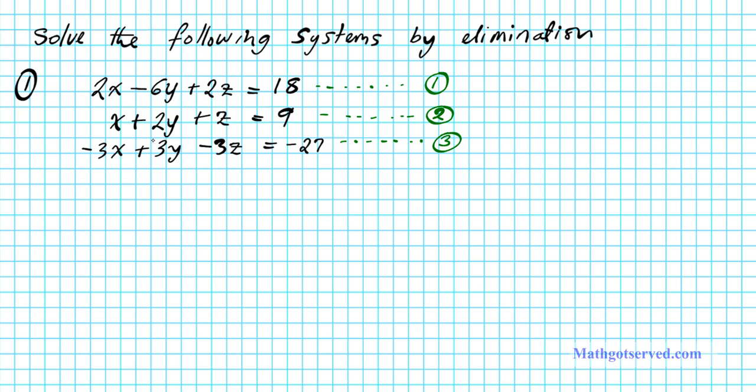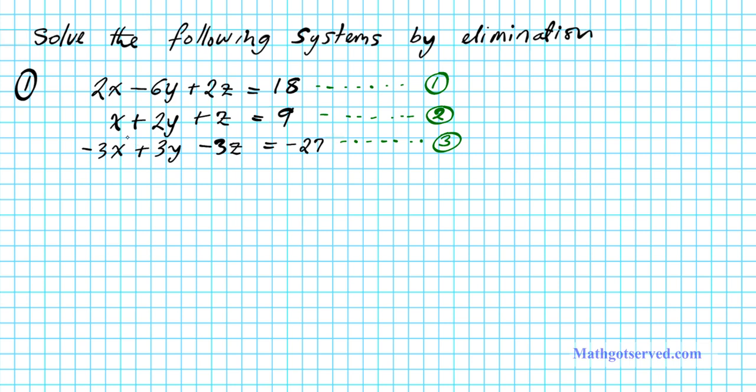None of them are 1. Equation 2: 1, 2, and 1. Well, we have 2 good candidates here, the x or the z, since they both have a coefficient of 1. And then in equation 3: negative 3, 3, negative 3. None of them have a coefficient of 1, so we can't use that.